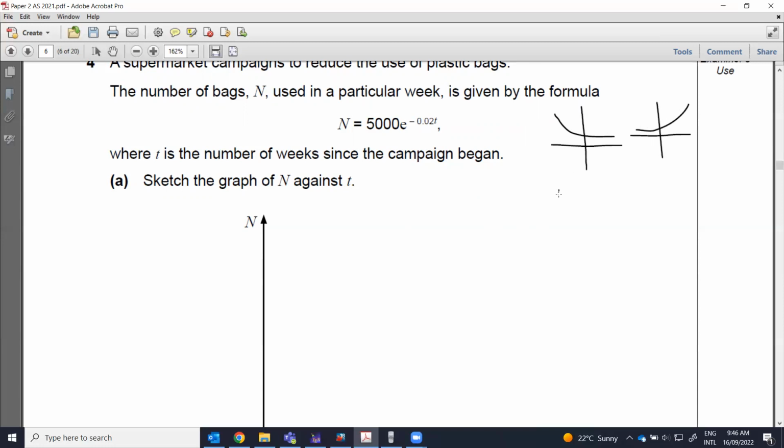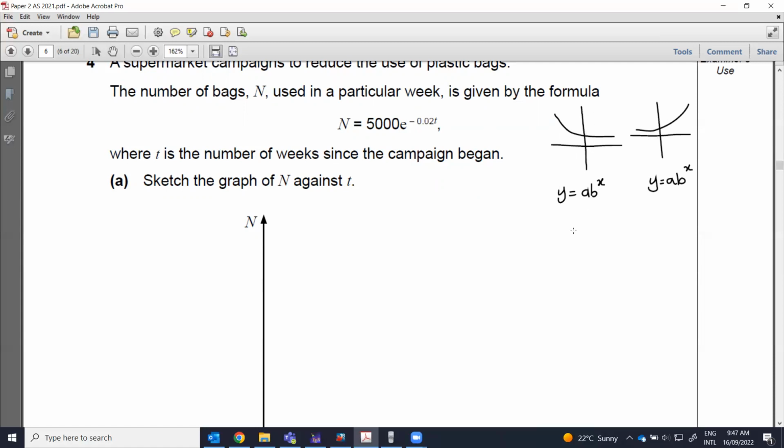So this is y is equal to a e to the power of x, and this is the same thing, y is equal to a b to the power of x. And the way they look depends on the b here. So I'm saying x here because of x and y axis, but it can be N on the y-axis and t on the x-axis like we have here. Now, what determines whether it looks like this or like that is your value of b.